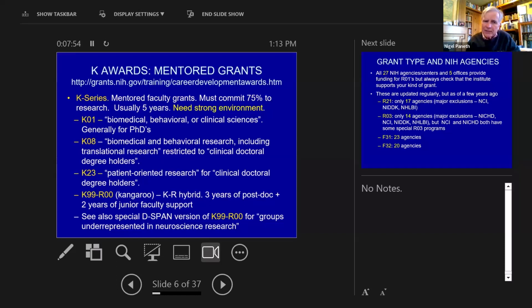There's the K01, which is the most basic. That is the most basic biomedical, behavioral, clinical science. Usually this is for PhDs, but there are two additional ones that are a little bit more oriented towards people who do clinical work, the K08 and the K23. They both require you to have a clinical doctoral degree, which usually means an MD or a PhD in nursing.